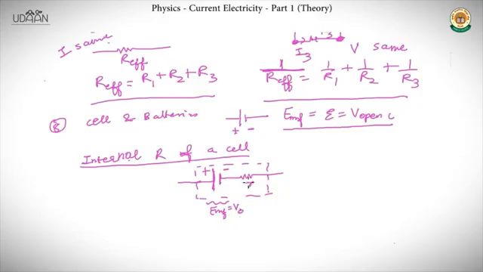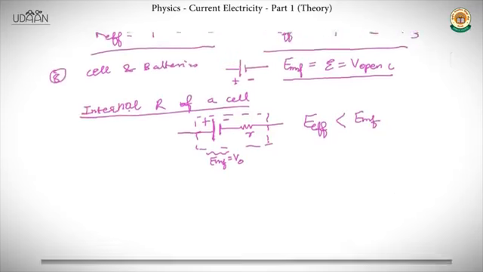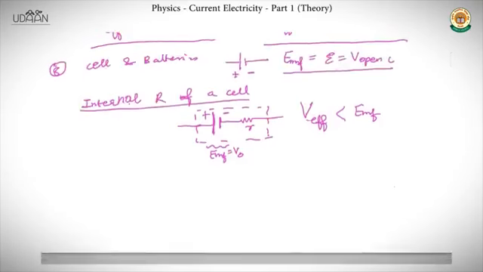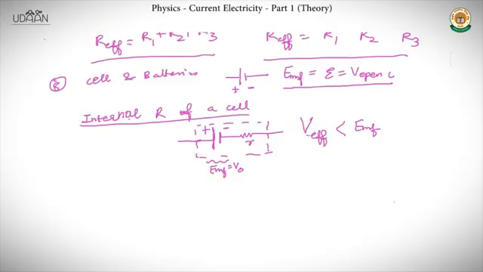But due to its internal resistance, the effective EMF decreases. This concept is again important. V effective, the effective potential, will be less than the EMF of the cell due to the internal resistance of the cell.